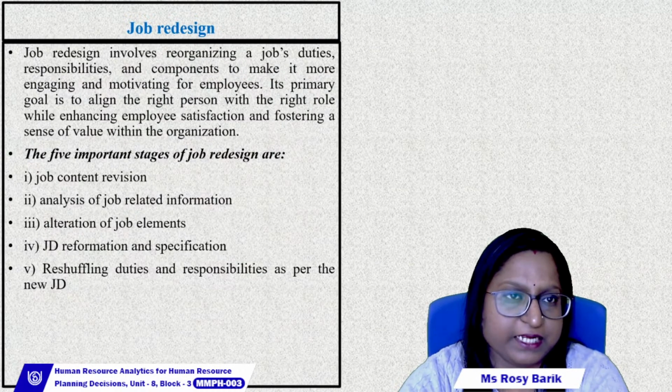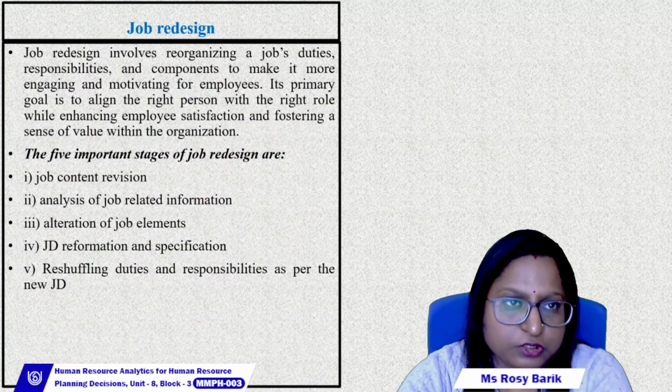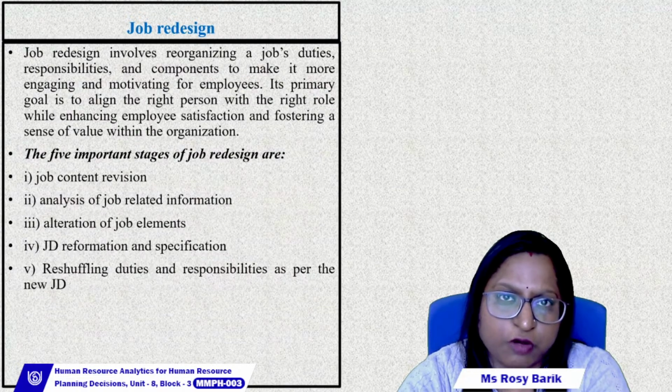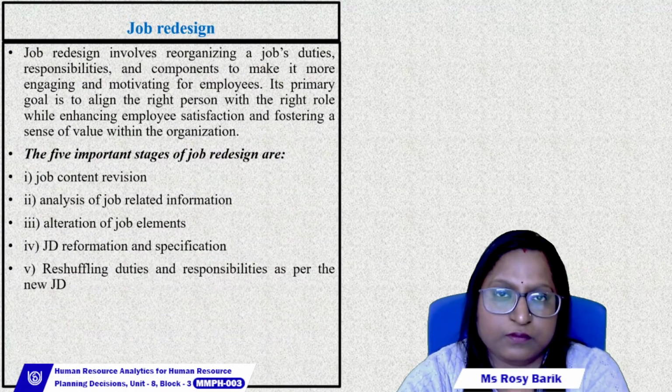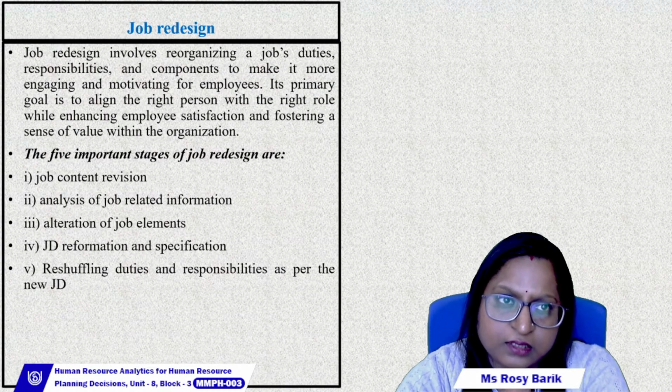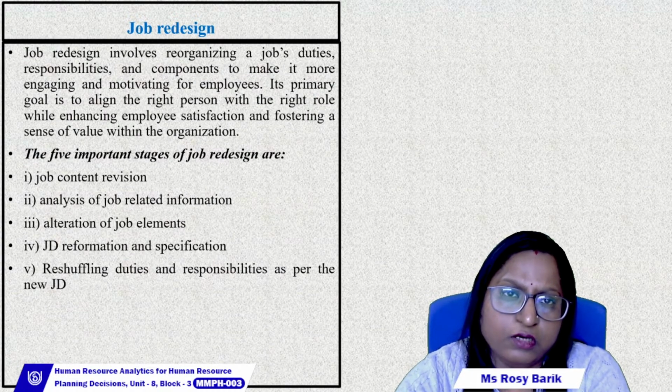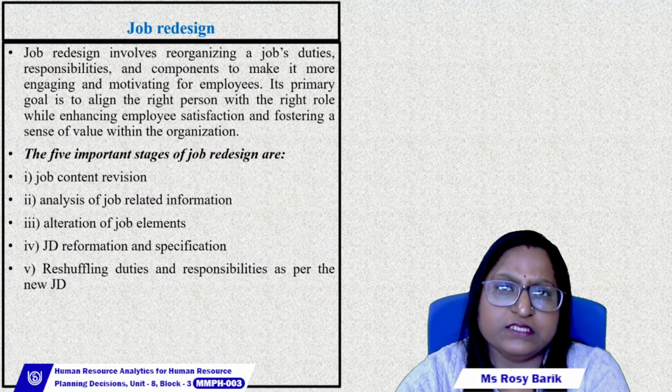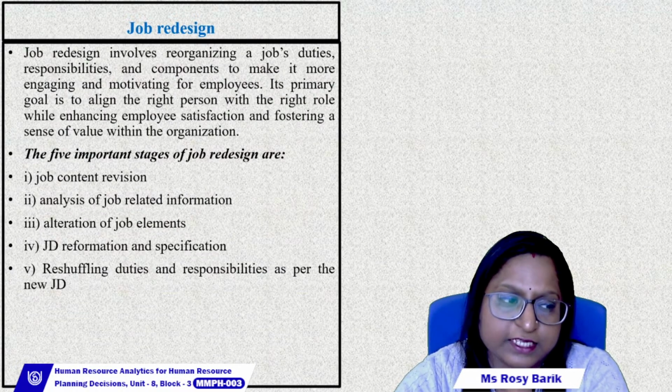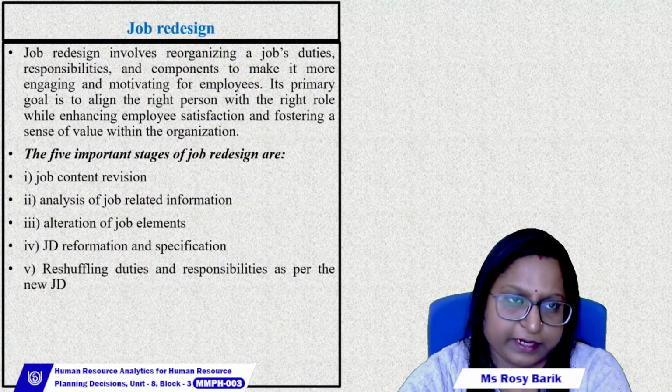Now the next part is job redesign. Job redesign means the job is already designed, and based on several factors, the job will be redesigned, or we can add some duties or responsibilities, or they can be increased or decreased.